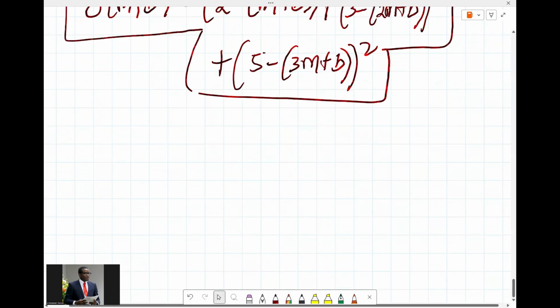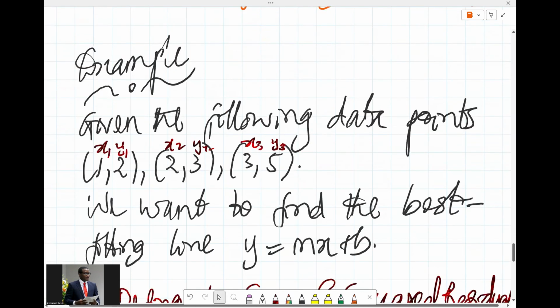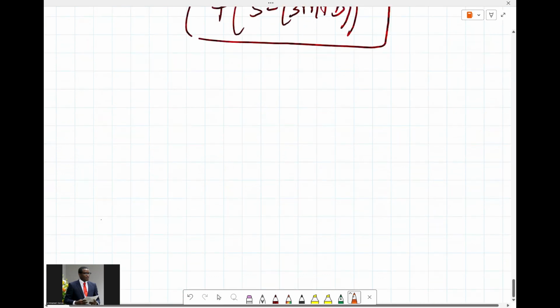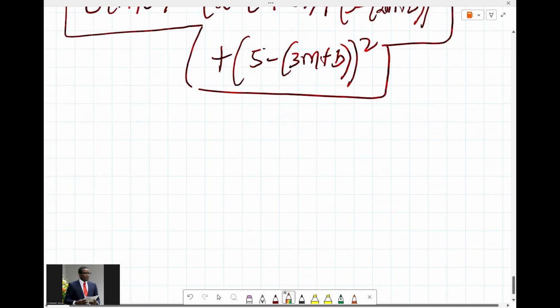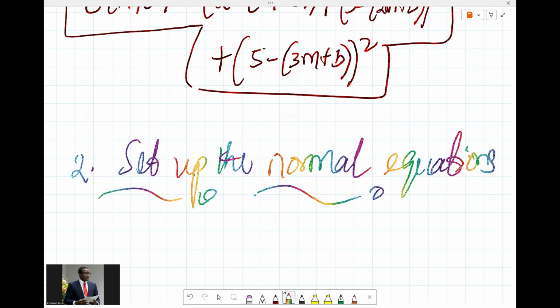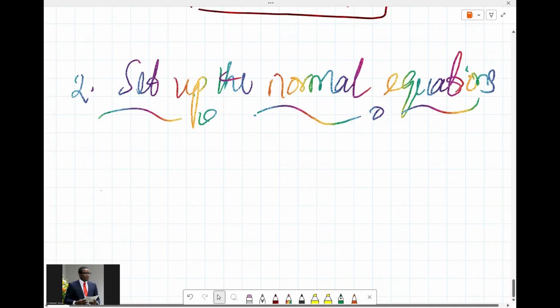Okay, so we can now go to step 2. We set up the normal equations.